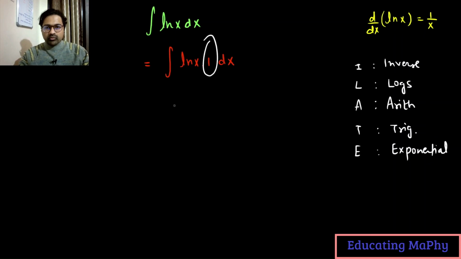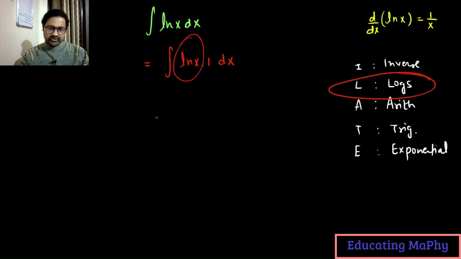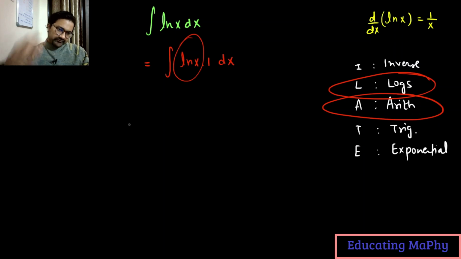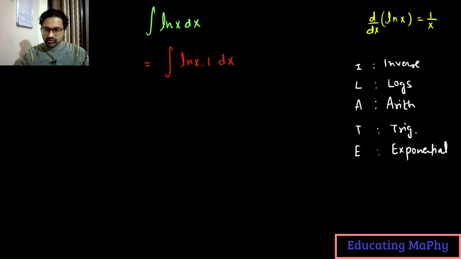Now, you might be wondering, 1 falls in which category? 1 is nothing but x raised to 0, and x raised to 0 is nothing but arithmetic. So in this question, we are dealing with natural log of x, which is log, and arithmetic, which is definitely over here. So log comes above arithmetic, so the log will be considered as f of x, and 1 will be considered as g prime of x.